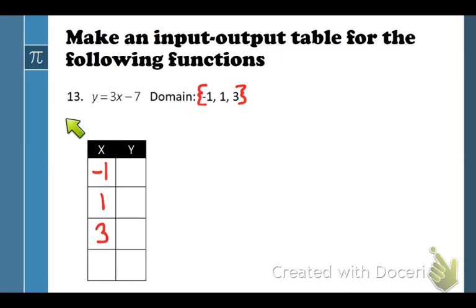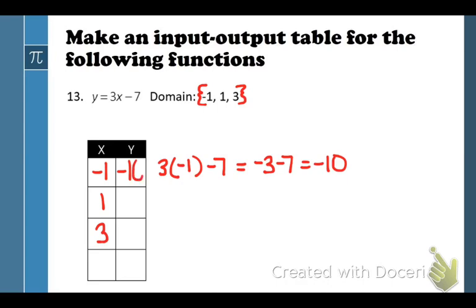We don't have a function machine to help us, so we do it by hand. Y equals 3 times X, which is -1, minus 7. 3 times -1 is -3. -3 minus 7 is -10. So my output is -10.